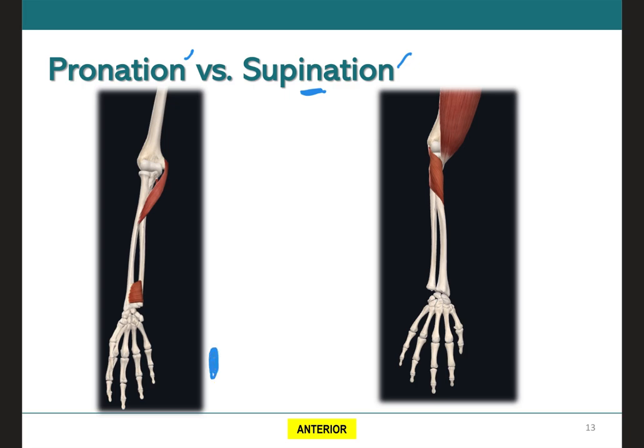So try to play your video on your PowerPoint as well, because these are our little animations. This means that the radius will actually come to the medial side. And then when you move the radius back to the anatomical position, you're doing supination. So this occurs between the radial ulnar joint, not only on the proximal end, but also on the distal end.